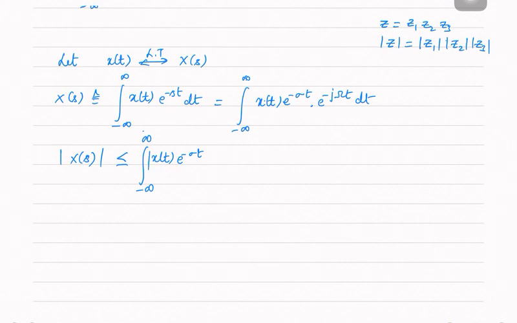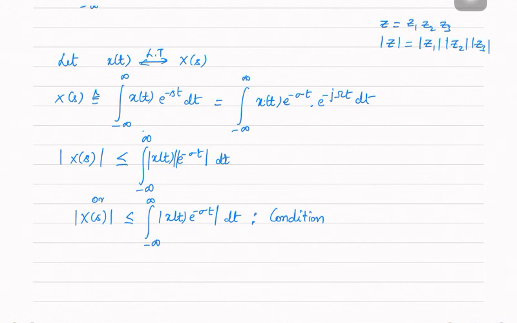You can use the two mods separately or merge them, because both are equal. So repeat the same steps, and I will arrive at this relation. This is the condition for existence, or sometimes the word used is convergence, of a Laplace transform.